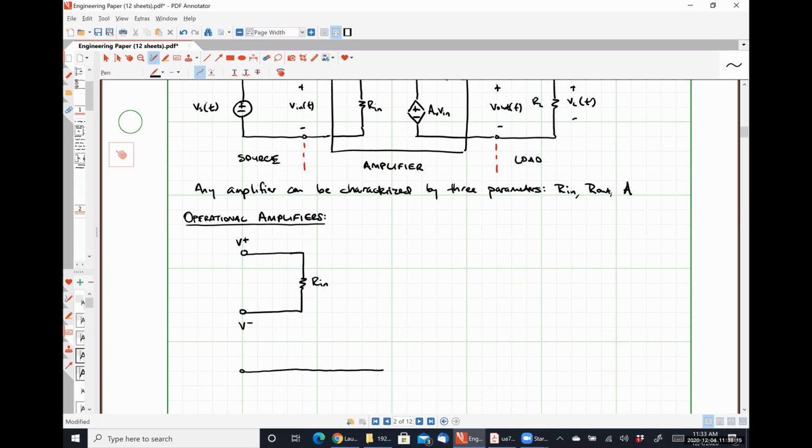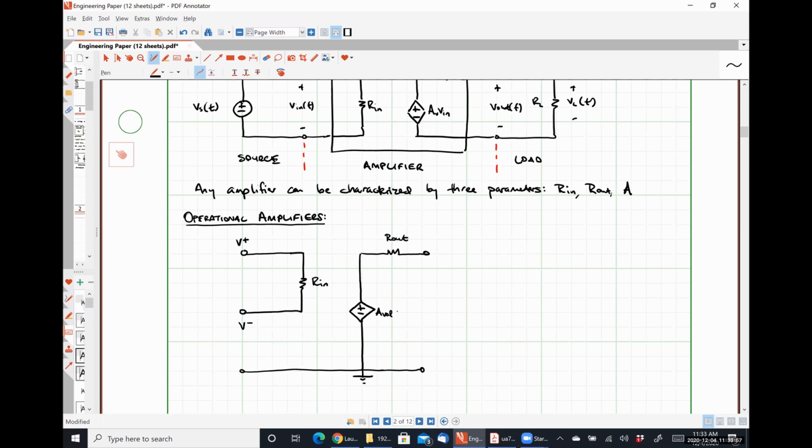Down here is my ground, or my reference. Here is my output resistance. And then I'm going to call this AVOL. So this is my voltage gain, but it's very specifically the open loop voltage gain.